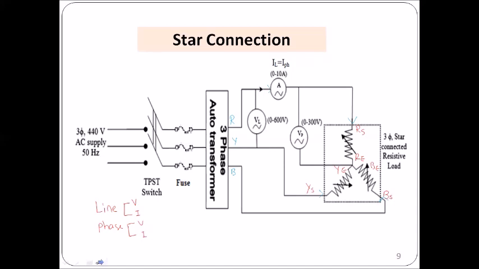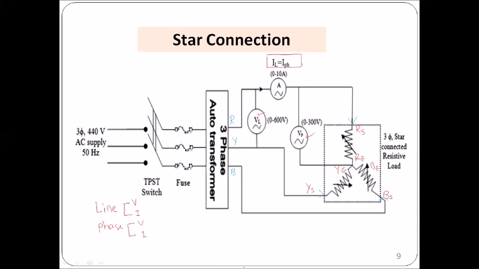If we look at the circuit diagram, we can easily mark the notation IL, I phase, and VL and V phase, VPH. So what are these?